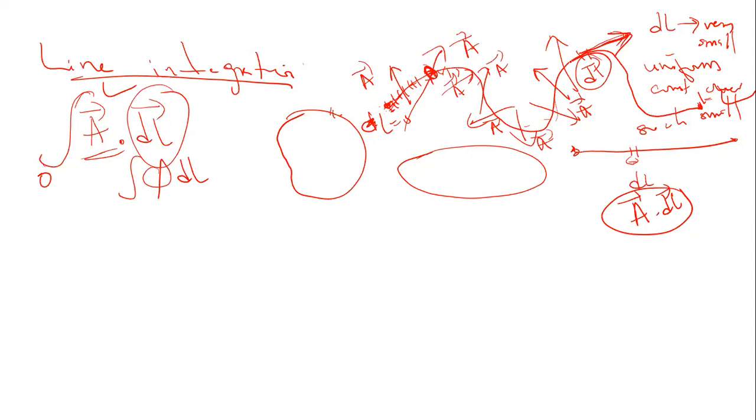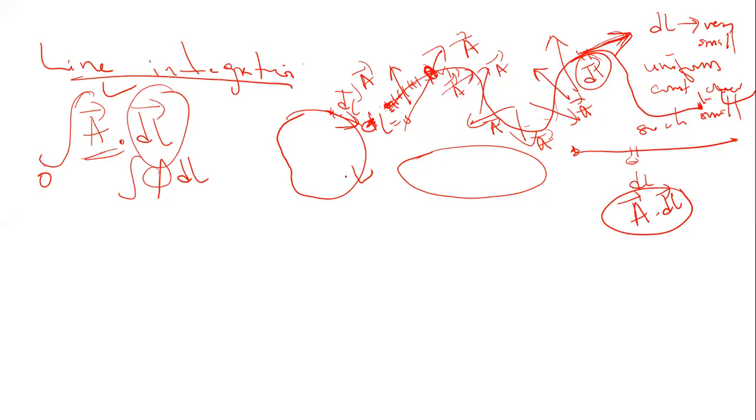But over here in this circle, if you're going to perform integration in the clockwise direction, what is the line element vector here? Just take a tangent vector here along this direction. This will give me the line element vector at this point.